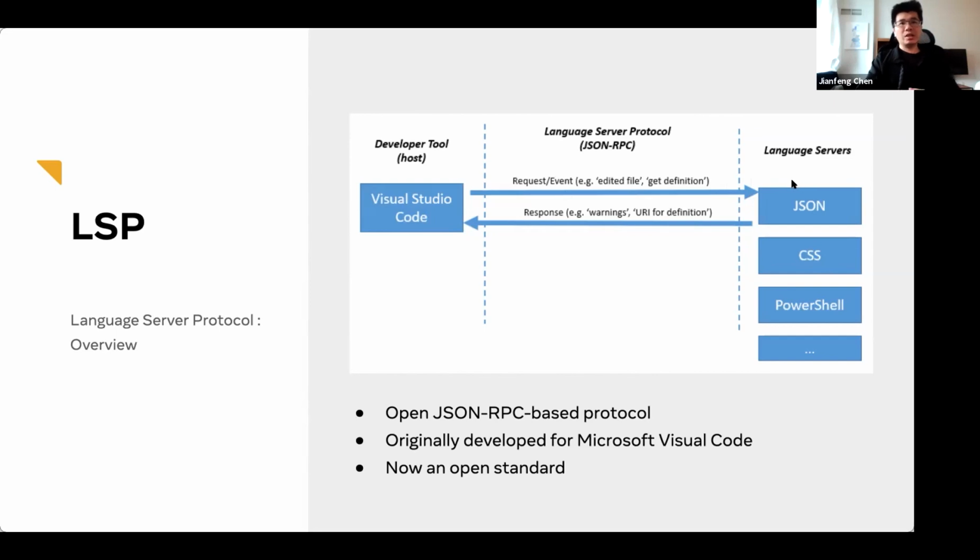The language server can do some calculations or operations and return the response. For example, the return will be that we have some warnings for the token at X of line Y. When the IDE accepts this response, it can automatically render this information and provide that to the users.